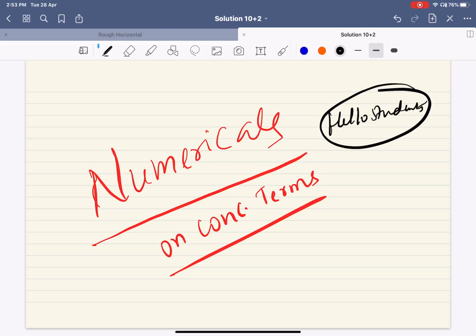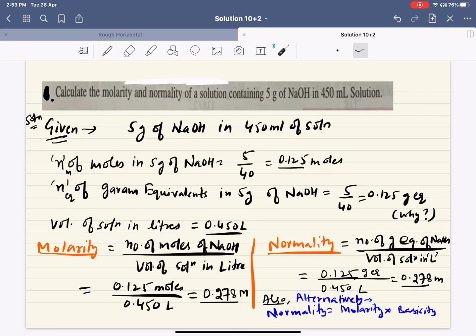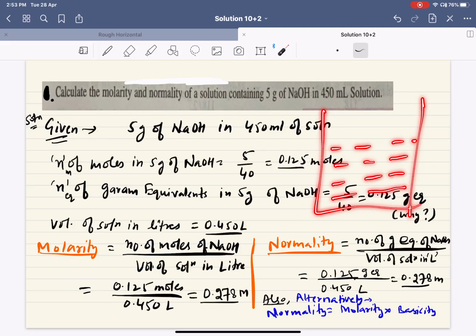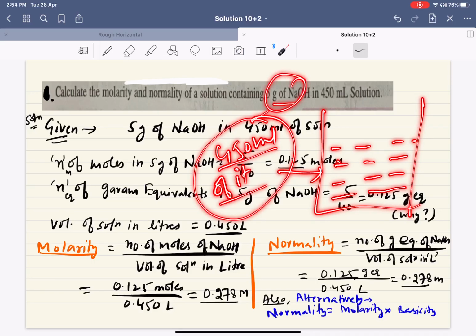Today we will discuss some numericals based on concentration terms. First numerical: calculate the molarity and normality of a solution containing 5 gram of NaOH in 450 ml of solution. Means, you took 450 ml of solution, and in this much solution you have 5 gram of NaOH dissolved.